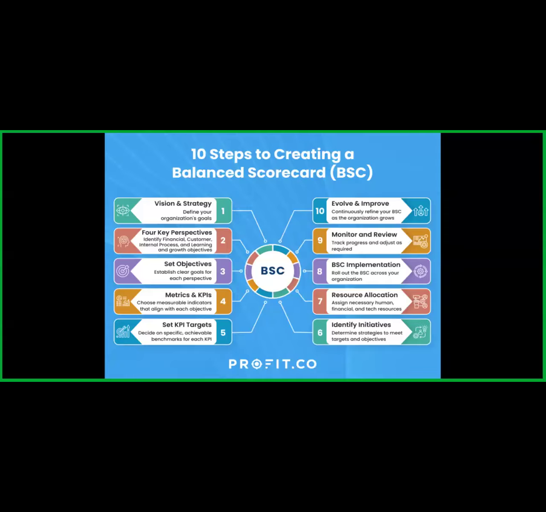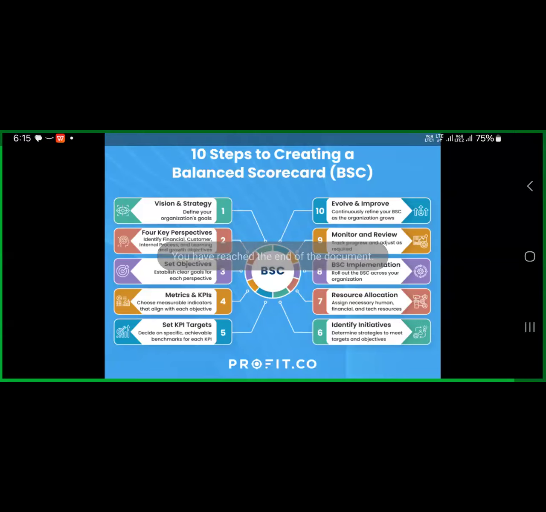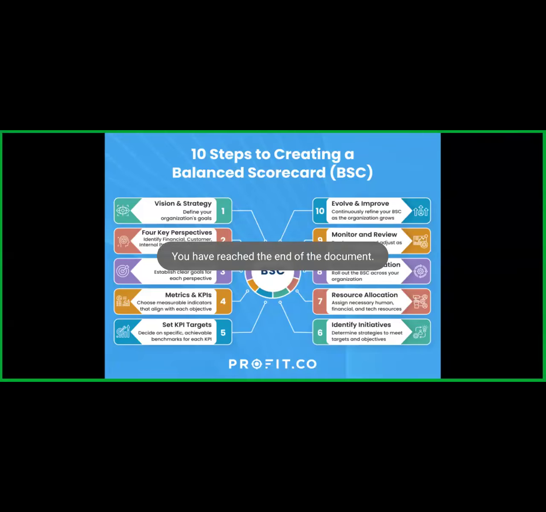Anyone, if you have not understood anything, please unmute yourself and you can ask questions, or otherwise that is the end of our unit number 4.